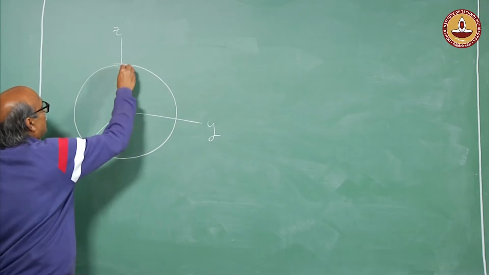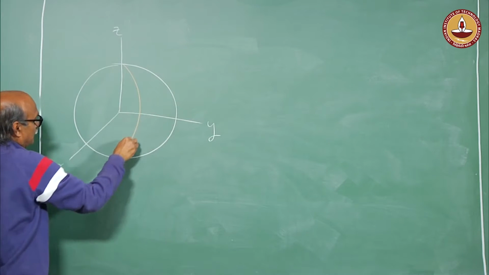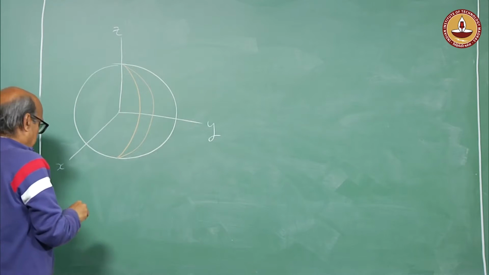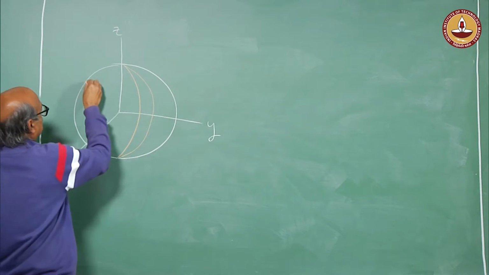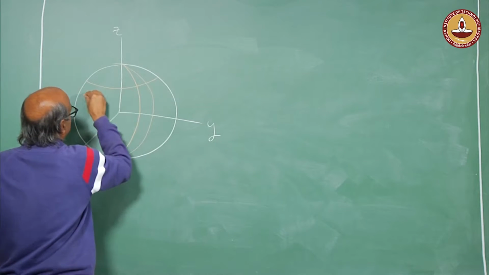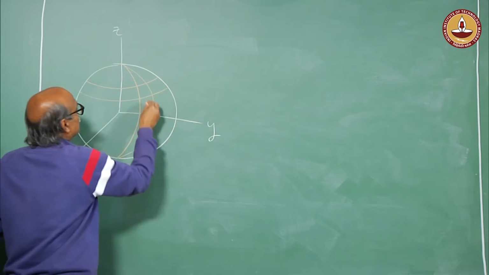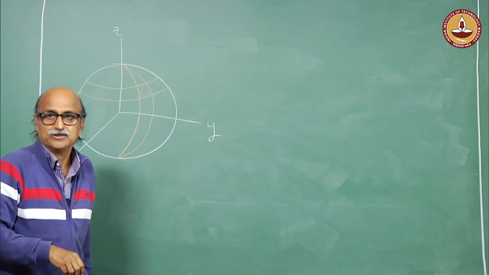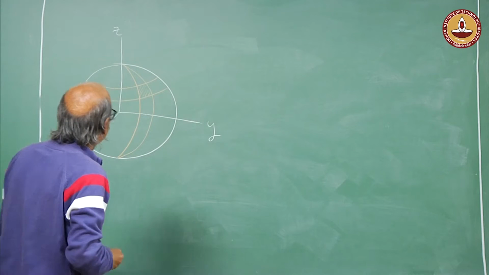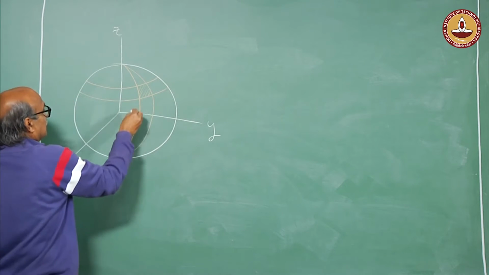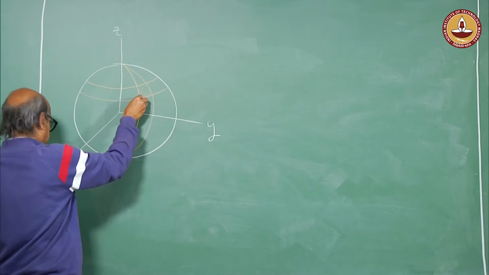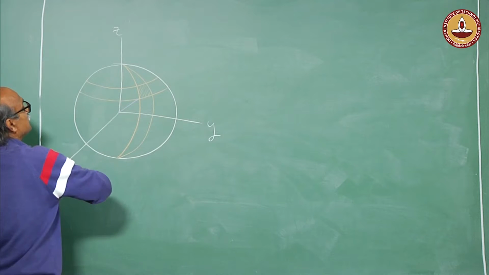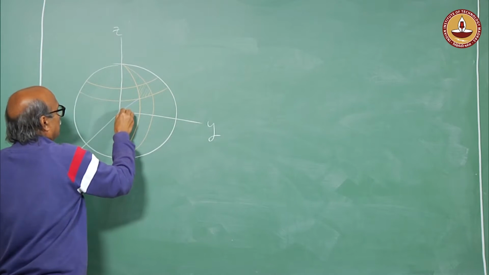So, let us take a pair of longitudes and a pair of latitudes. This will define one small element on the spherical surface. And let us define this point now.